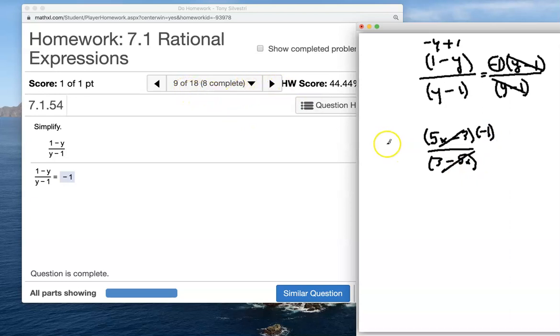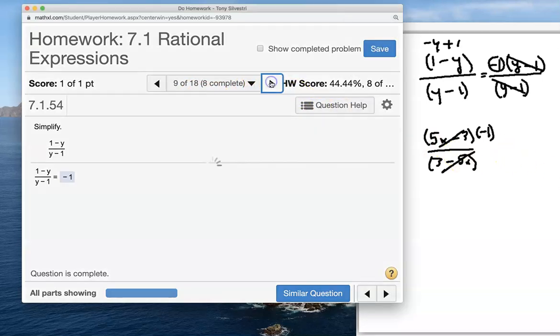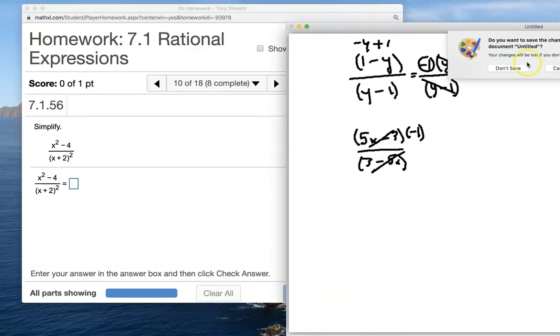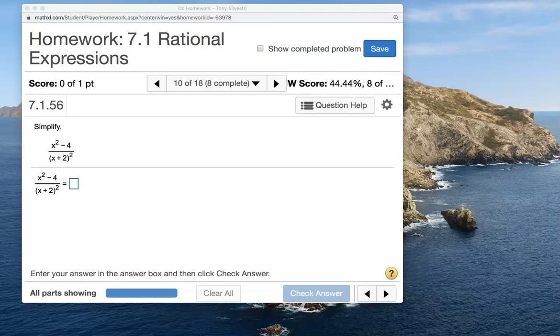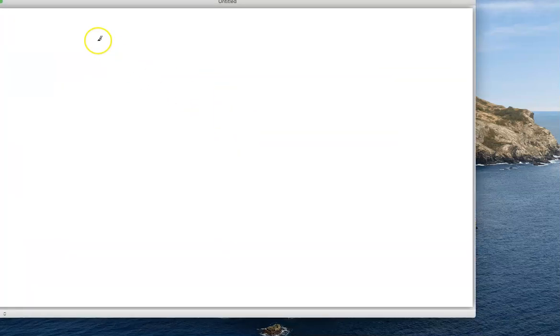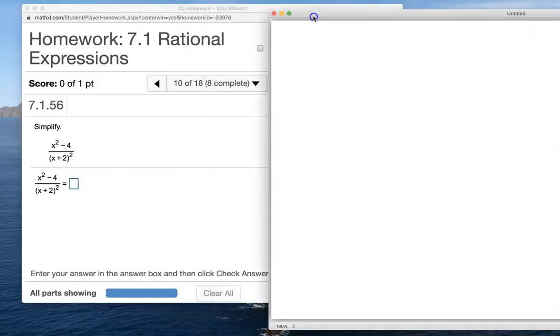I think we're going to see another problem like this a little bit later, and I'll make use of that fact to solve it. But this is not one of them. So I'm going to close this out and just go ahead and say File, New, and OK. Let's write the problem down.